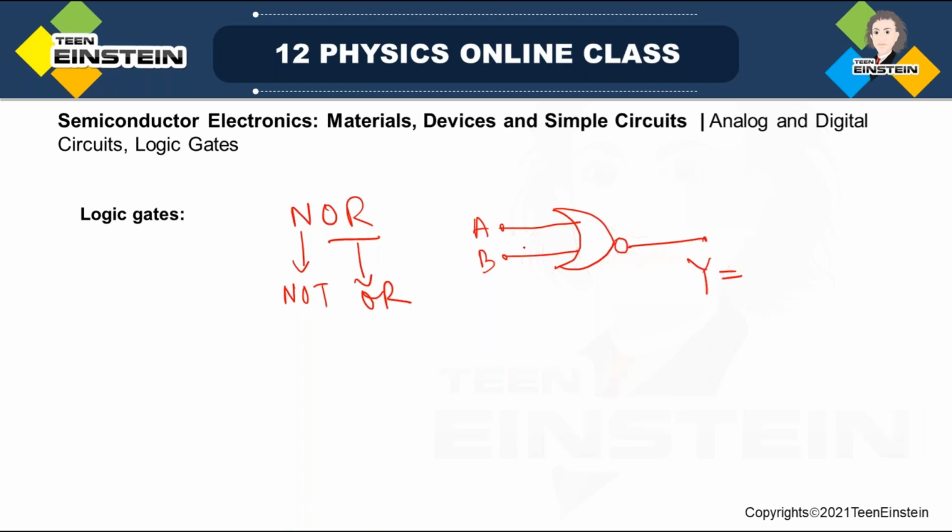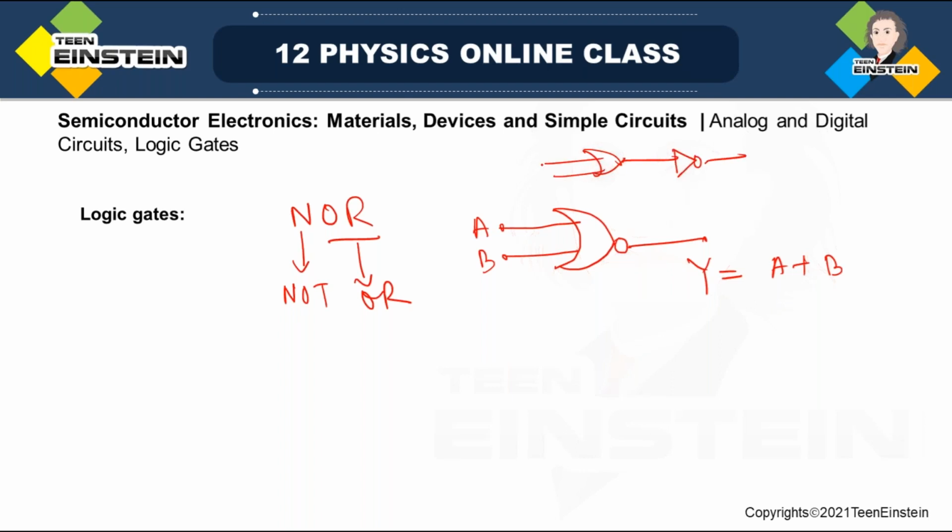So what you get, you get OR means A or B, and then you have to do the NOT operation like this. You have OR and then you have NOT.